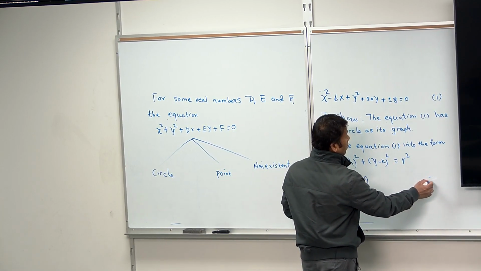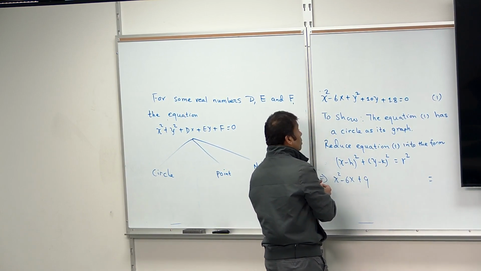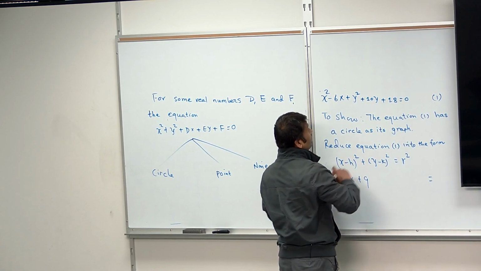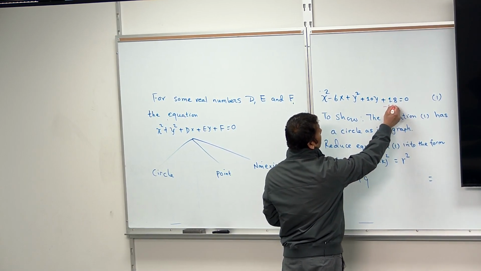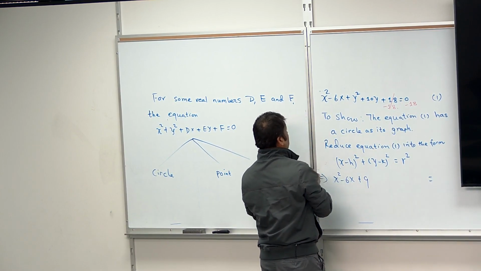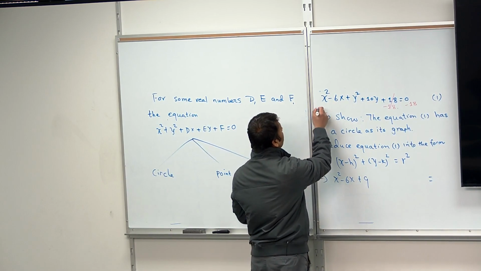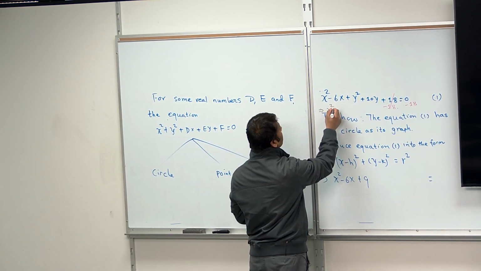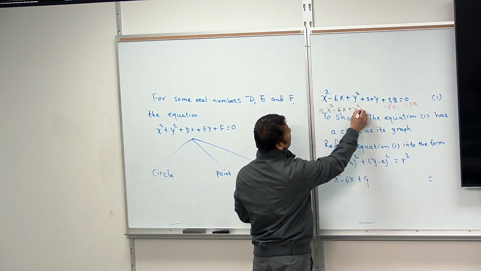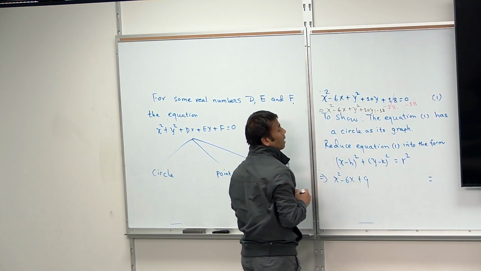First, move the constant term to the right side. You do negative 18 here, negative 18 here, and cross them out. So you'll have x squared minus 6x plus y squared plus 10y equal to negative 18, okay?